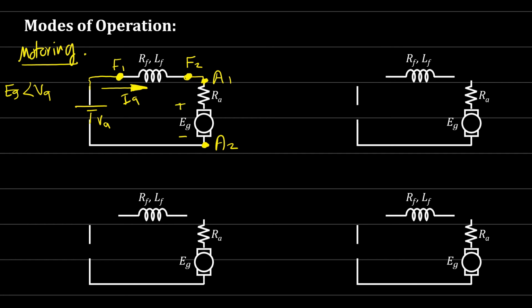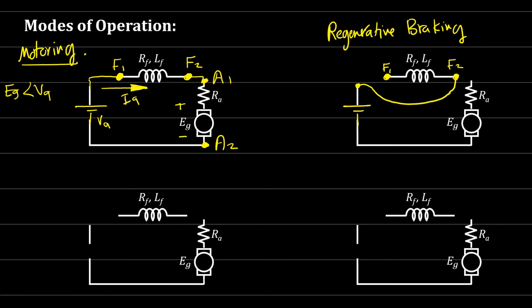Now let's go to the second mode of operation, which can be considered what we call the regenerative braking. What we do actually is we reverse the connection of the field circuit. So here we have VA, and this is F1 and this is F2. We connect this one here, and connect this one here.